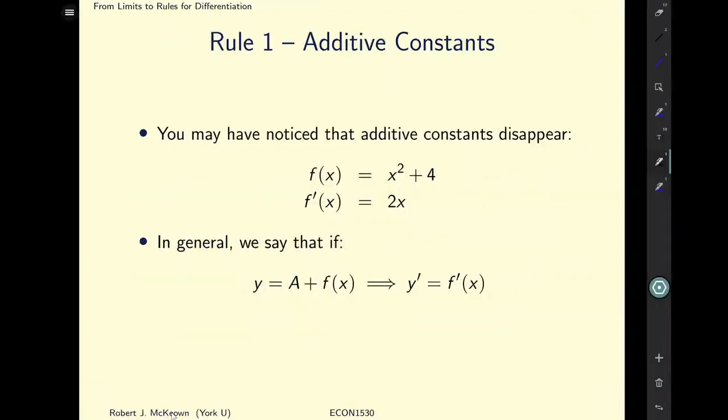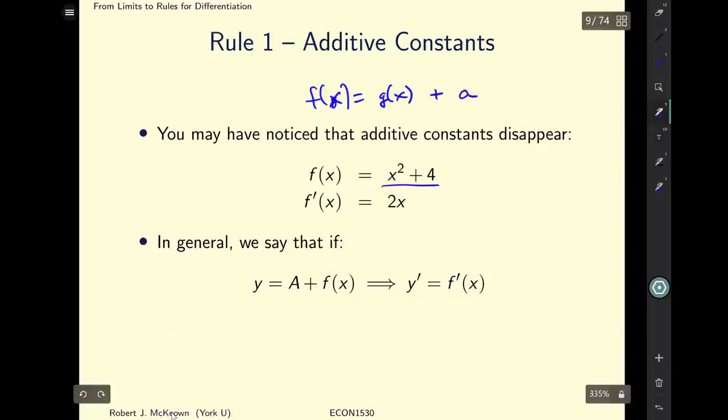Now, when you were doing your homework for calculus, the introduction to calculus, you might have noted that constant terms disappear, right? So if we look here at this function, we see that we've got a term that's a function of x. I could rewrite this as f of x is equal to g of x plus some constant. I could call it a.